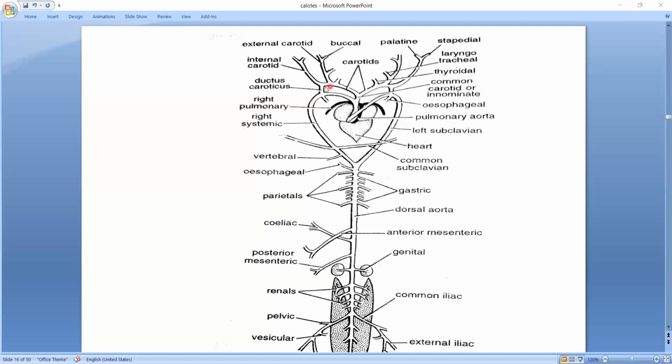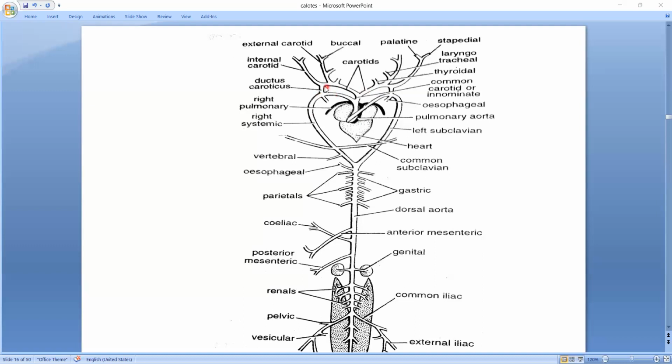And this is most important here. You can see a connecting branch here. That is the ductus caroticus. See, this is the carotid. This is the carotid. This is right and this is left. By means of the internal carotid, right internal, left internal, both internal carotid arteries are connected with the respective systemic arteries.